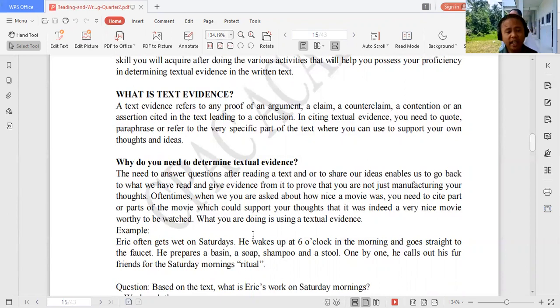Example, Eric often gets wet on Saturday. He wakes up 6 o'clock in the morning and goes straight to the faucet. He prepares a basin, soap, shampoo, and his tool. One by one, he calls out his friends for the Saturday morning's ritual.